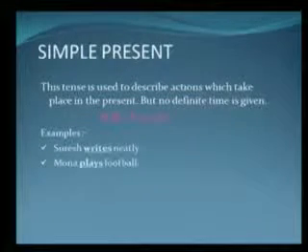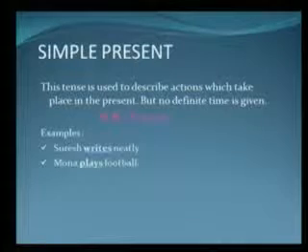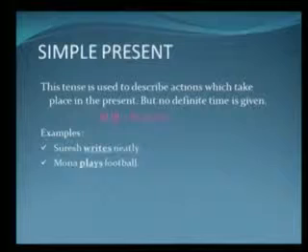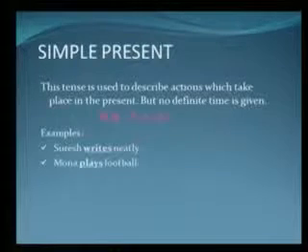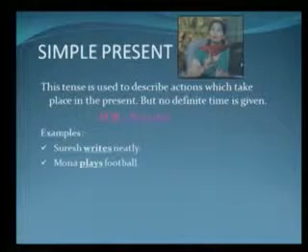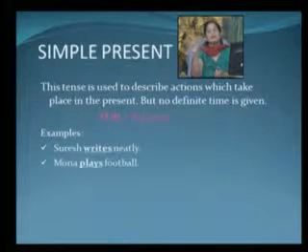Coming to the examples, this tense is used to describe actions which take place in the present, but no definite time is given. You can see that it has to be a subject plus verb, and along with the verb you can use an s or es.